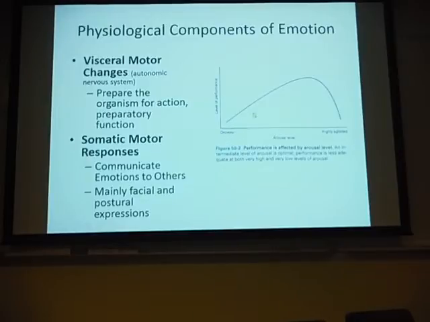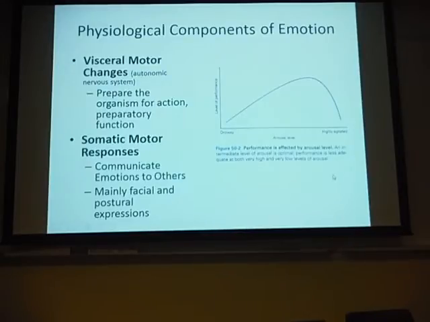If arousal levels are too low, performance is diminished or is less than optimal. But the same thing happens if arousal levels are too high. If we're too anxious or too stressed about something, we can't perform optimally. A certain level of arousal is needed for optimal performance, but again, if we go too far, performance diminishes.